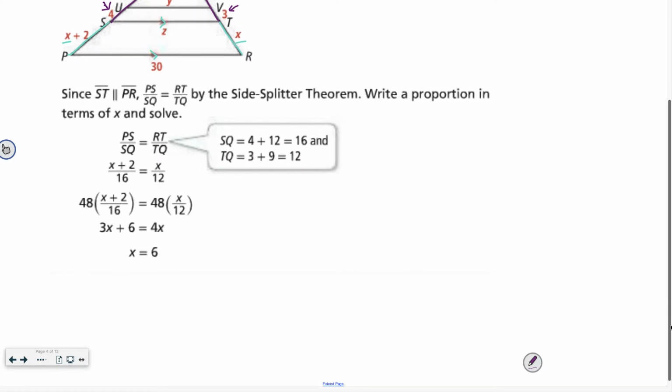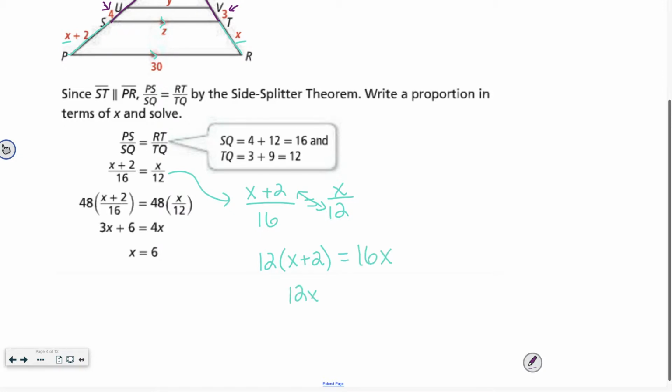So I can cross multiply if I would like. It looks like they went the common denominator method, which is fine. I think most of you would feel more comfortable if we cross multiplied, so this would become 12 times x plus 2 equals 16x.